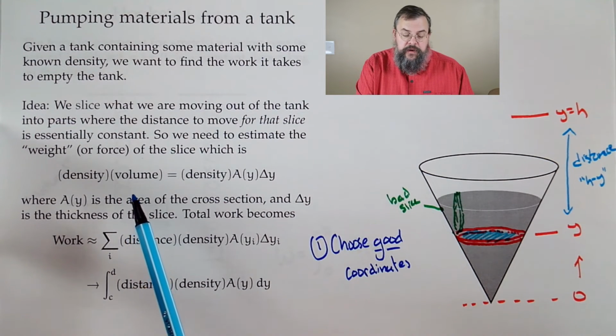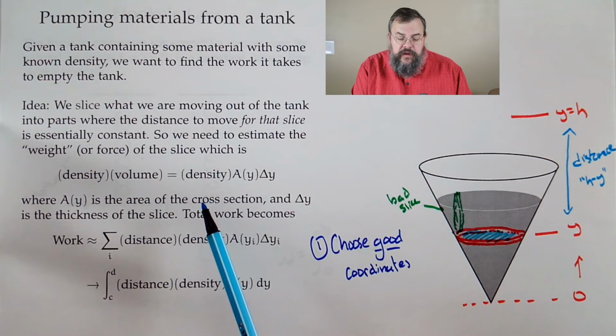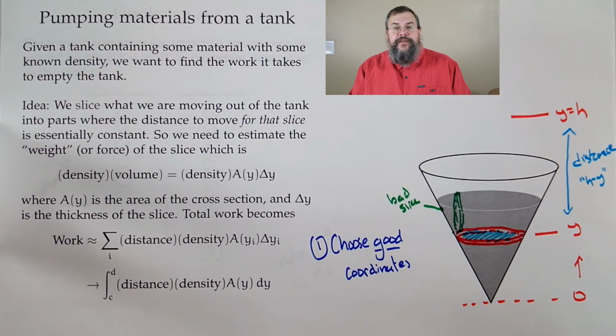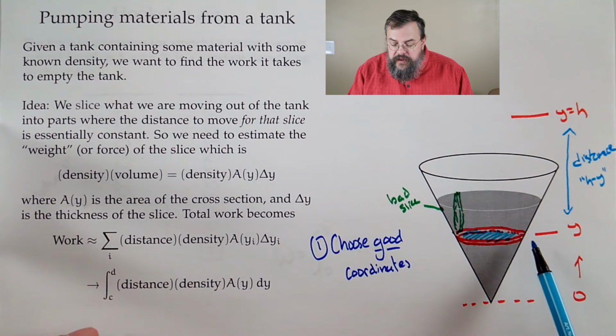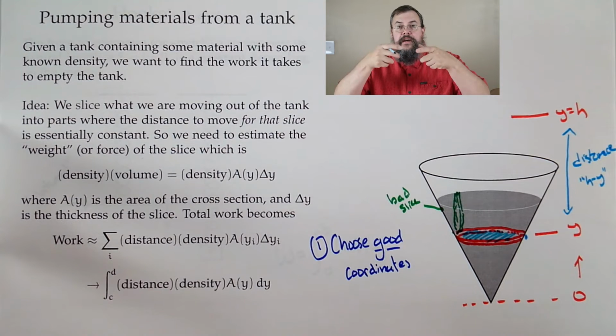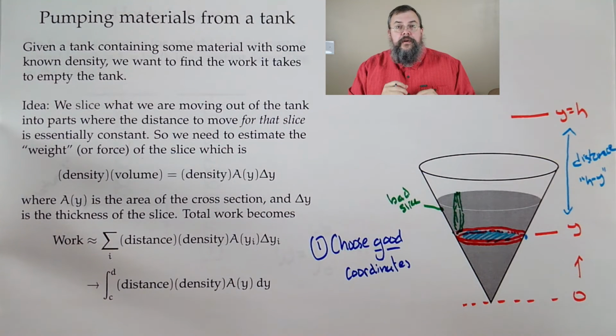The density is whatever the density is, and we know how to find the volume of slices. It's the same philosophy that we talked about when we figured out volumes of these shapes. We take the area of the cross-section times the height. So area times height gives a volume.